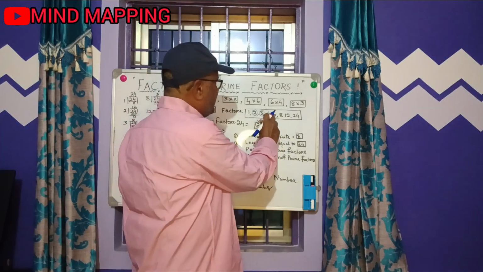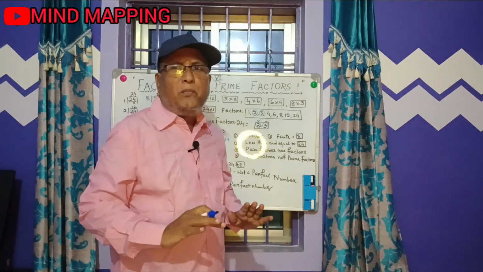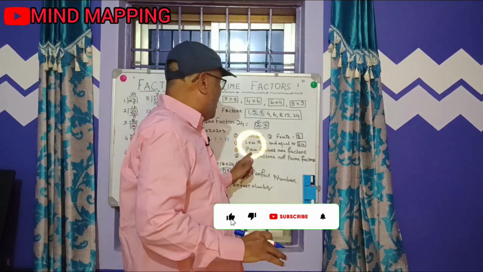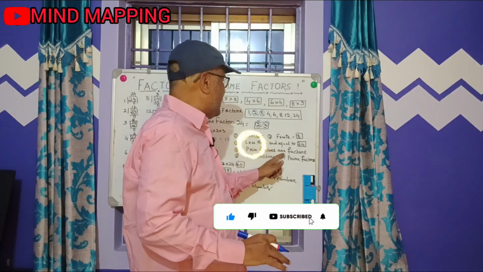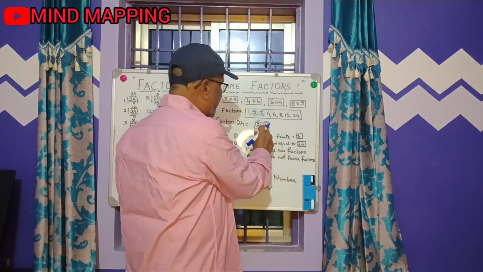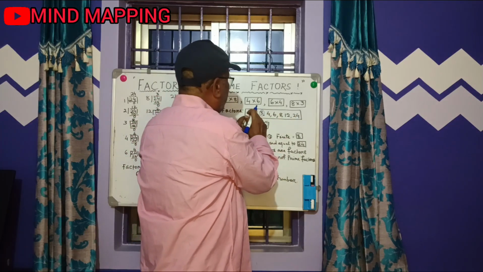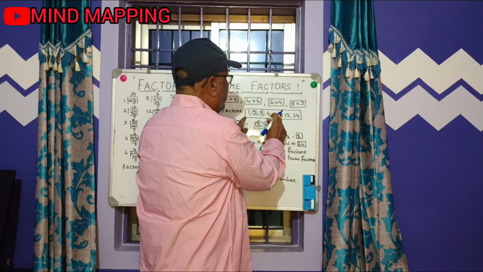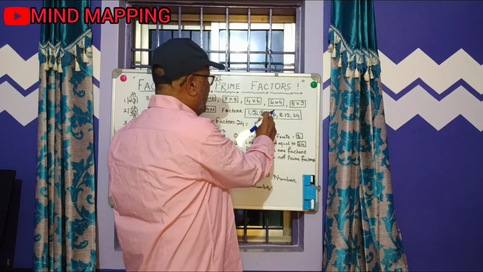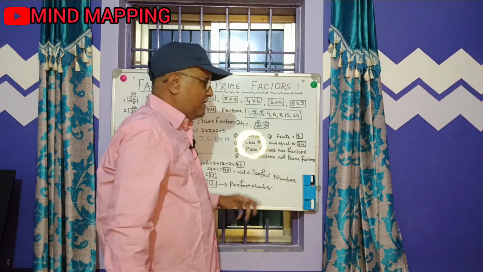Now you see 4, 6, 8, 12, 24 are composite numbers, not prime numbers. 2 and 3 are included among the factors 1, 2, 3, 4, 6, 8, 12 and 24, but 4, 6, 8, 12, 24 are not prime factors.